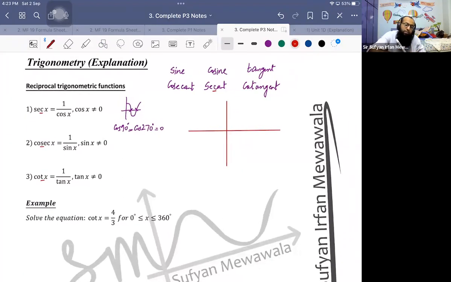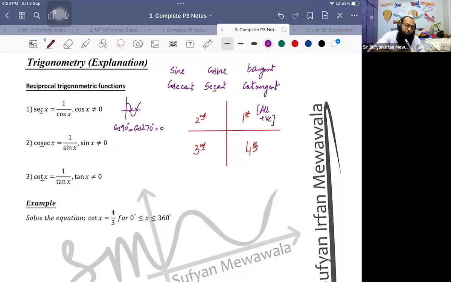So we know that there are 4 quadrants. This is the first quadrant. The 4 quadrants are in anti-clockwise sense. This is the second quadrant. This is the third quadrant. And this is the fourth quadrant. In first quadrant, we know all trigonometric ratios are positive.